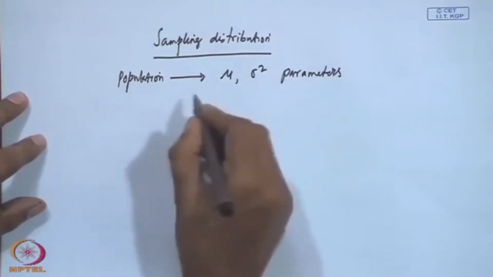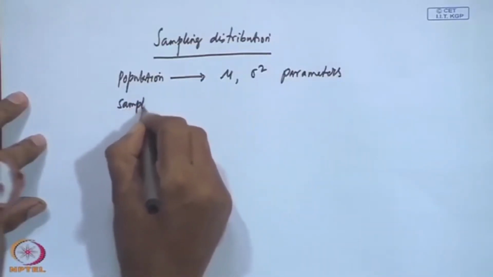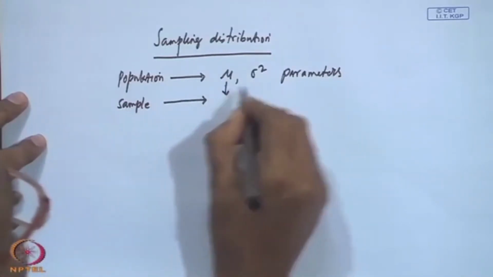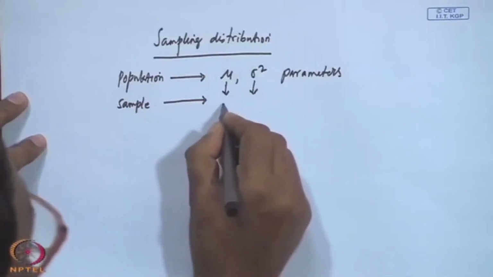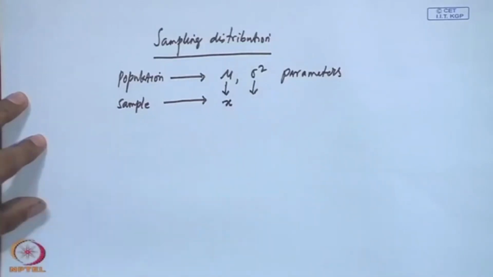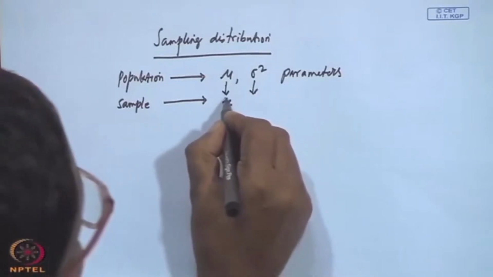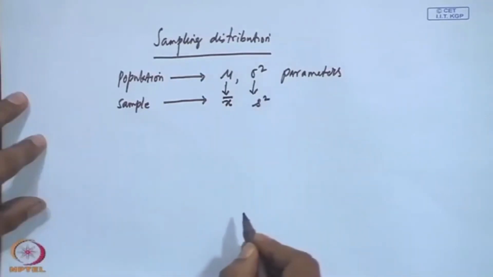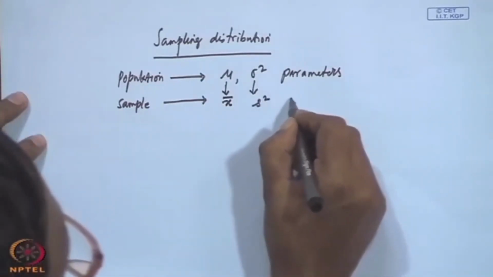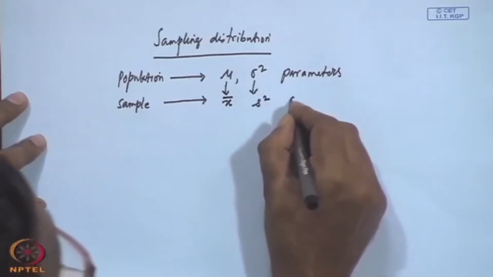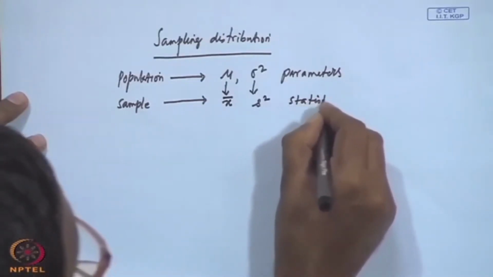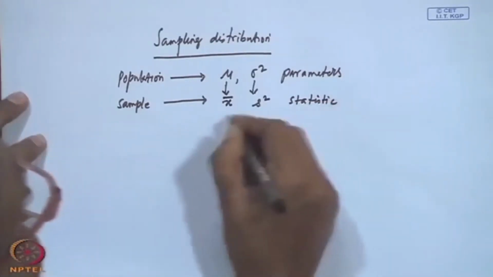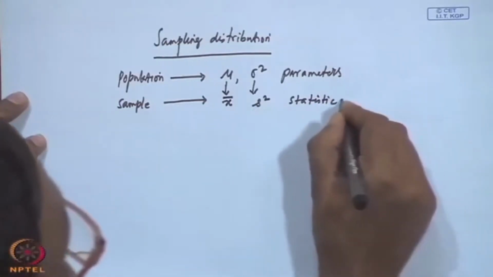Also, we have discussed that a sample can be collected from the population and then estimates of population parameters can be found out in terms of x bar and s square. X bar and s square, each one is known as a statistic, and collectively you can say statistics.